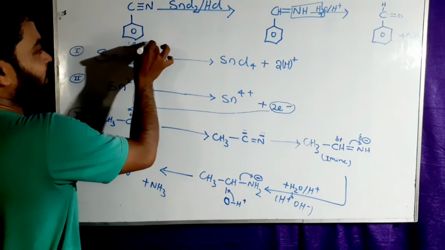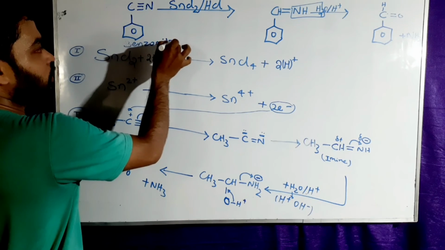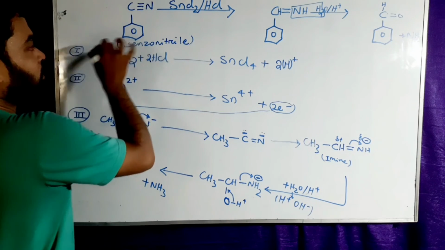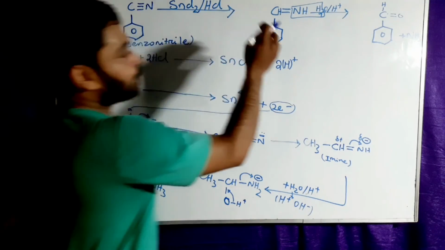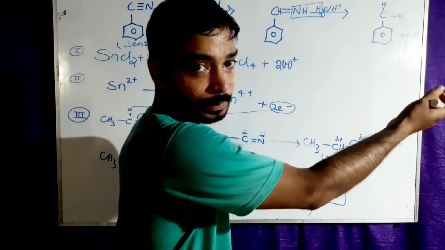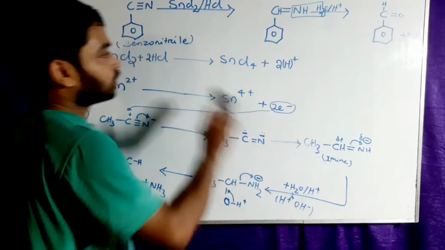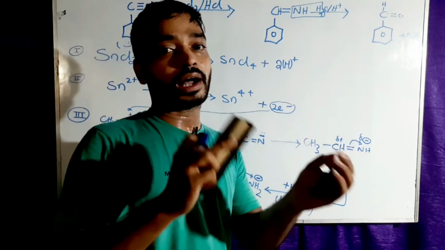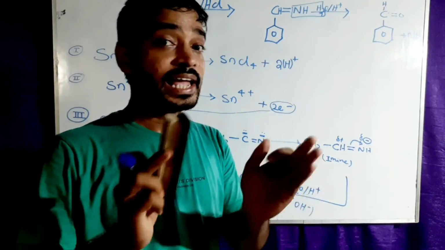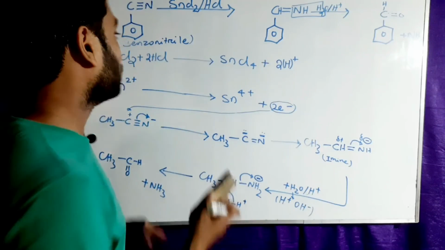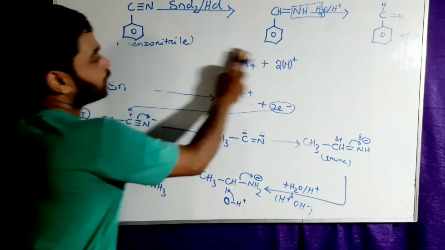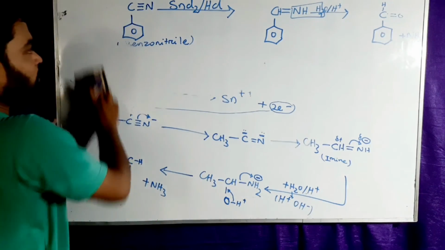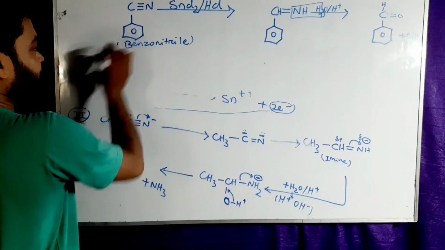It is the benzonitrile part. It is the imine part, and it is the benzaldehyde part. You can easily learn this benzaldehyde portion. I am completing benzaldehyde along with the aldehyde part for a better understanding.